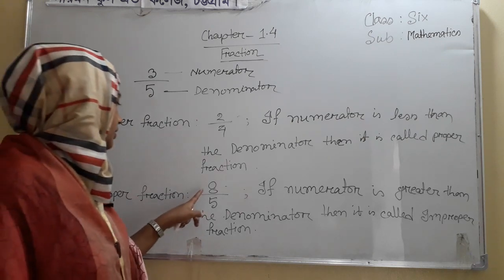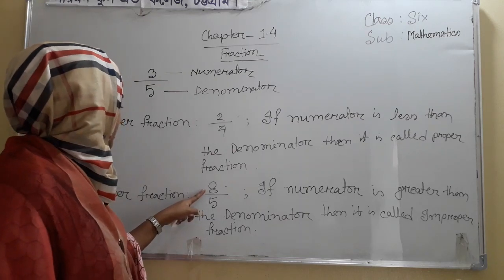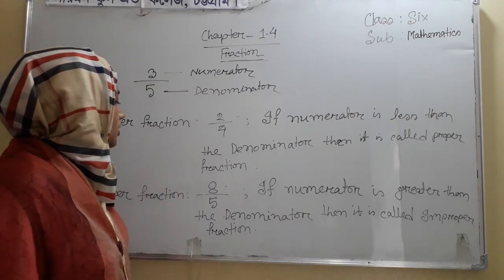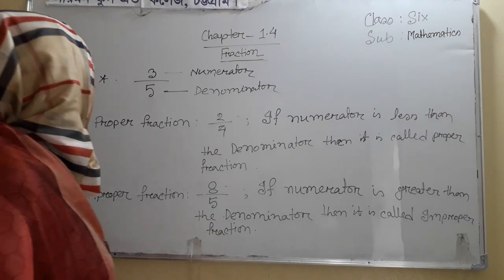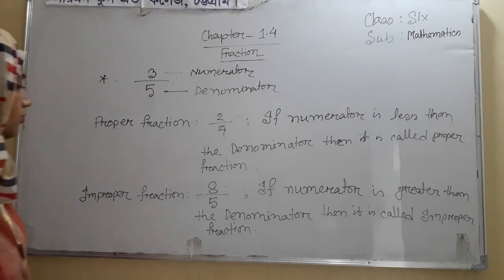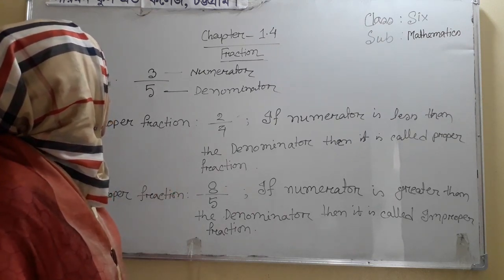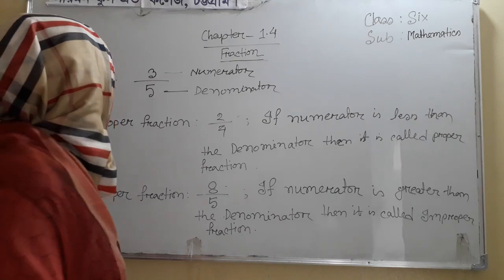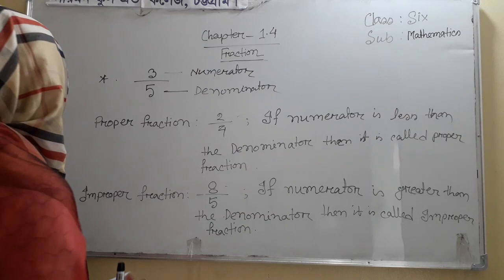Again I can say that here we can see that numerator is greater than denominator. That means if numerator is greater than denominator, then it is called improper fraction. That means numerator must always be greater than denominator for improper fraction.